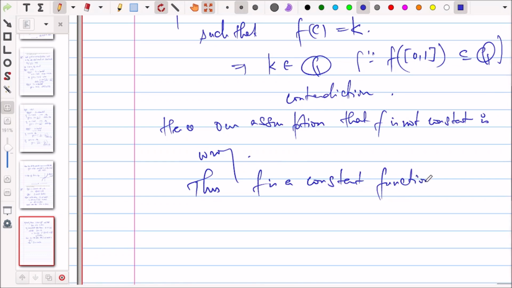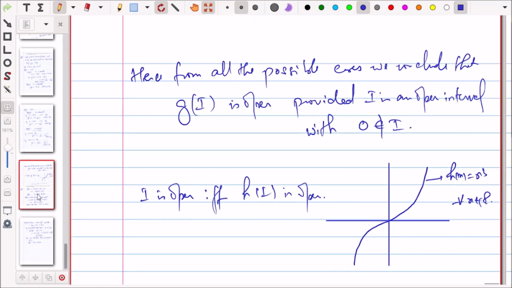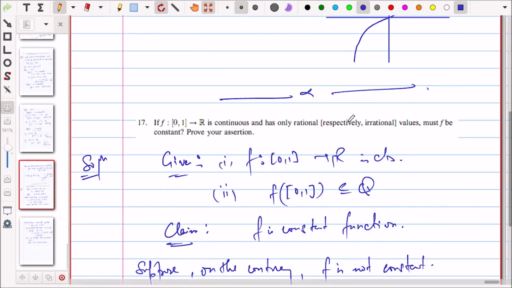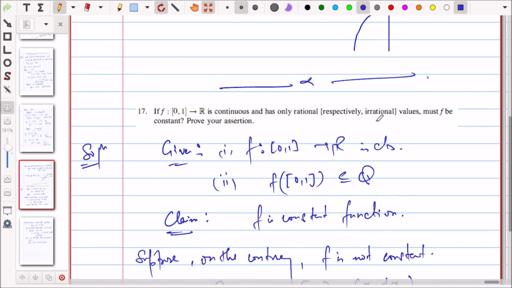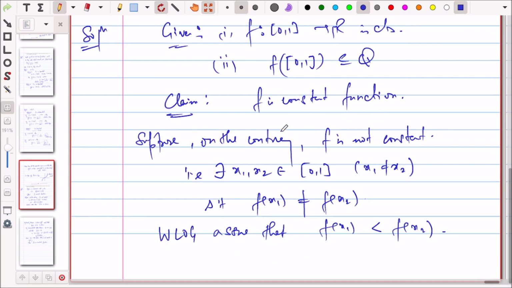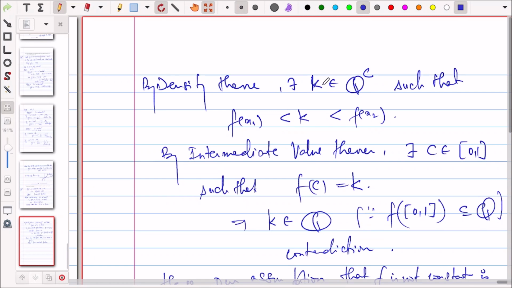Similarly, because there are two questions asked in this, if f takes only irrational values, then again you will proceed with the same proof. You will suppose that f is not constant, then you will be able to find two distinct points at which the values of the images are also different. Then instead of k being irrational, because f(x1) and f(x2) are irrational, you will take a rational number between them.